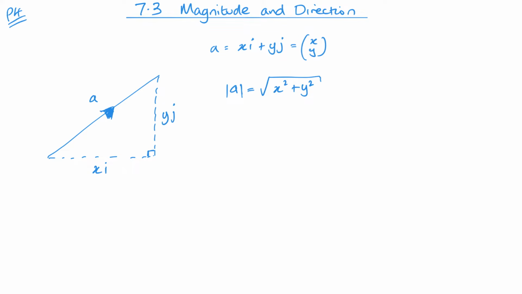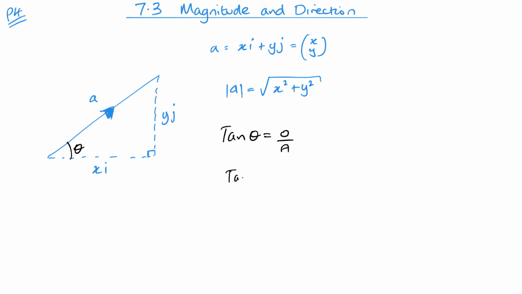Now, before I look at some examples on that, let's also look at the direction. So the direction can be found quite easily. For example, if I look at the direction here where I marked theta, I know that tan theta is my opposite over my adjacent.